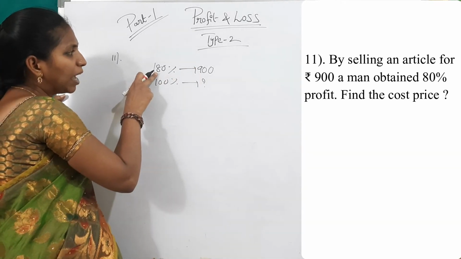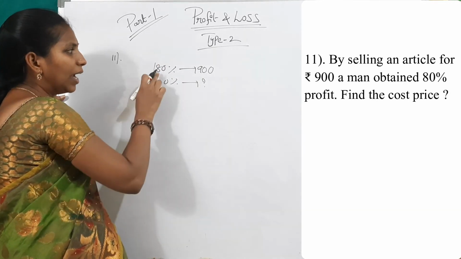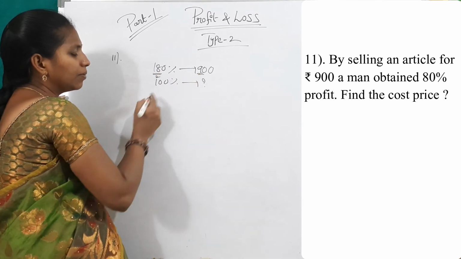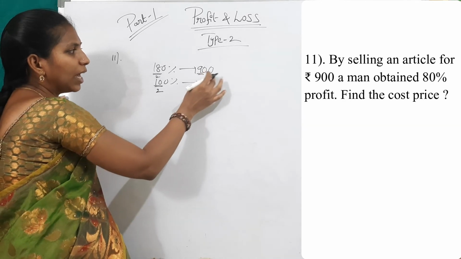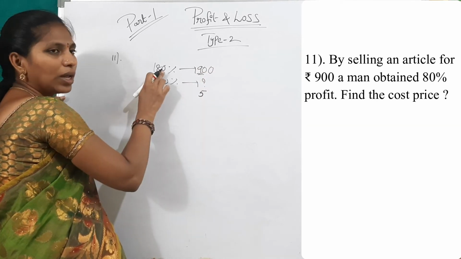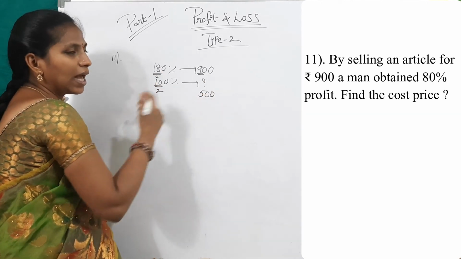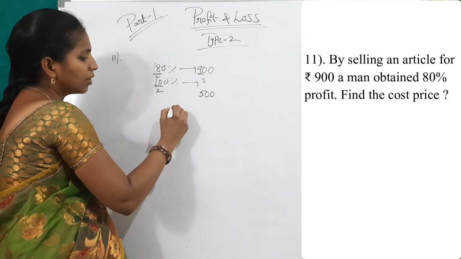Here 18 by 2 means 9. 10 by 2 means 5. Then after 9, how many zeros are there? 2 zeros. Here 1 zero. Place 2 zeros here. Answer is 500.